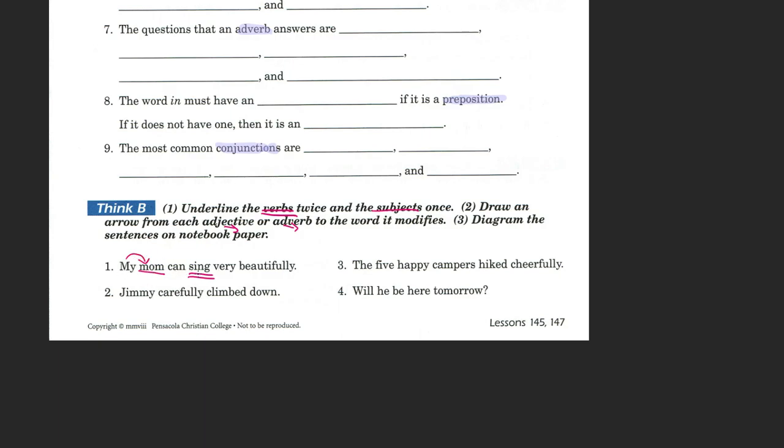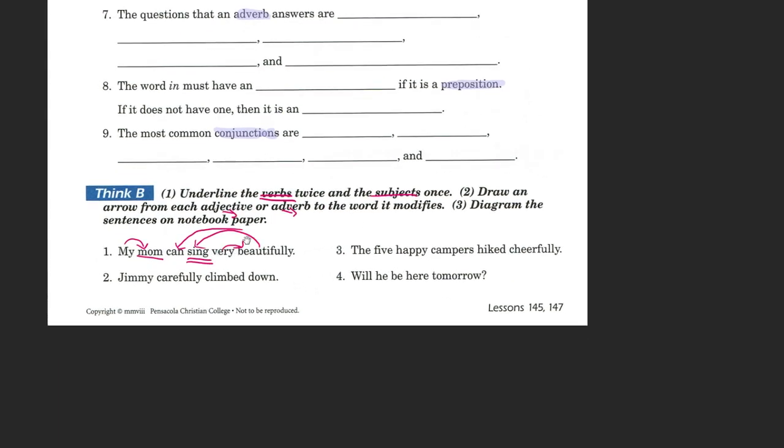Can sing very beautifully. So beautifully is describing sing. And very is an adverb describing beautifully. Beautifully is also describing can sing, right? Okay.